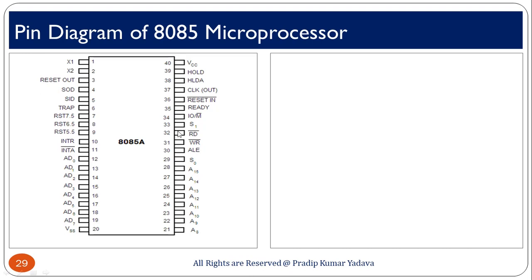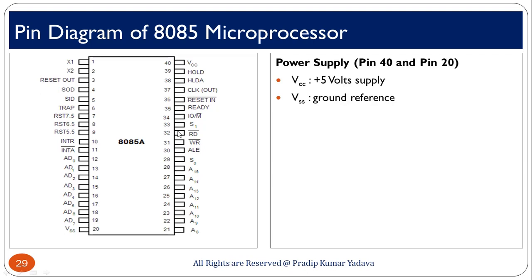In this video I am going to discuss in detail every pin, how the pin works and for which purpose these pins are used in the microprocessor. So here is the power supply. There are two pins used for power supply. One is pin number 14, that is VCC, and one is pin number 20, that is used for ground reference.